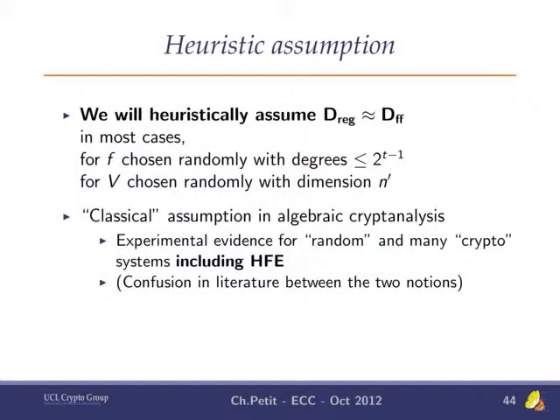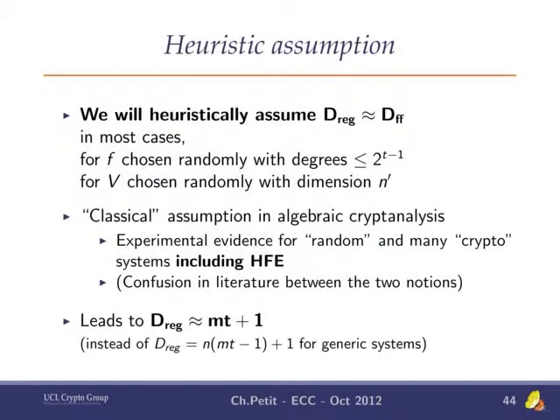There is experimental evidence for random systems and many cryptosystems, including HFE, which may appear as a particular case, and there is even confusion in the literature. If you take this assumption, you straightforwardly get that the degree of regularity is roughly equal to mt plus 1, instead of, for generic systems, roughly n times that. So it's much lower than for generic systems.